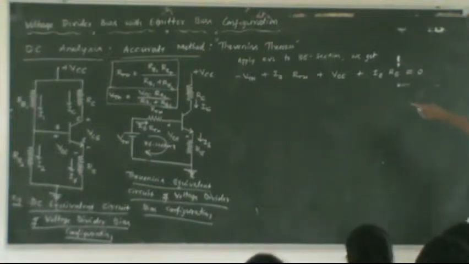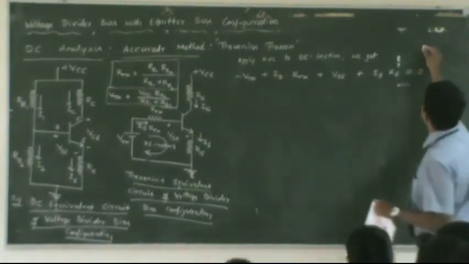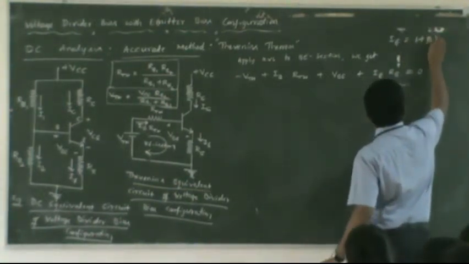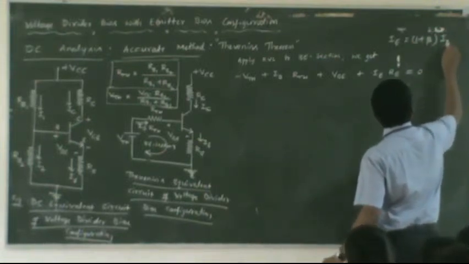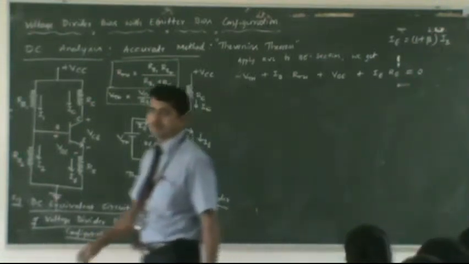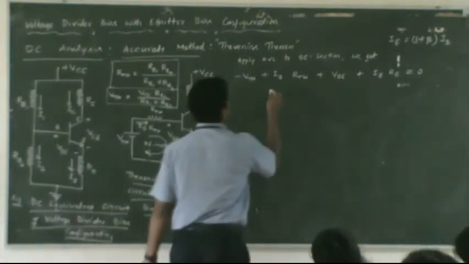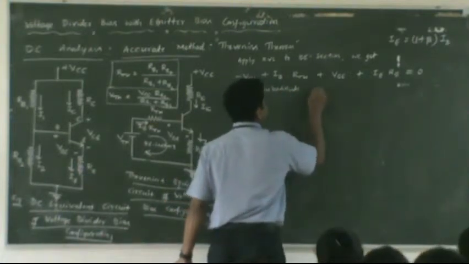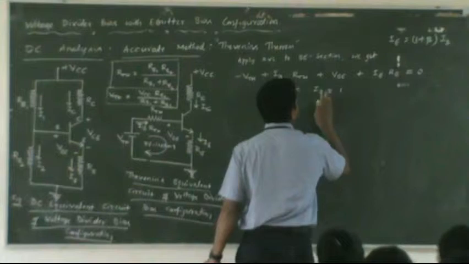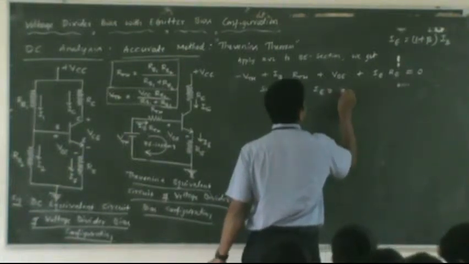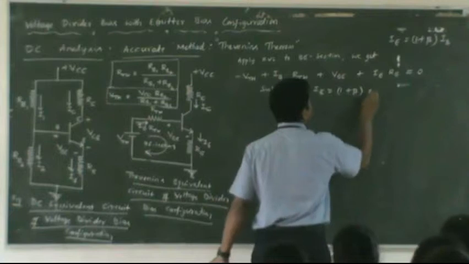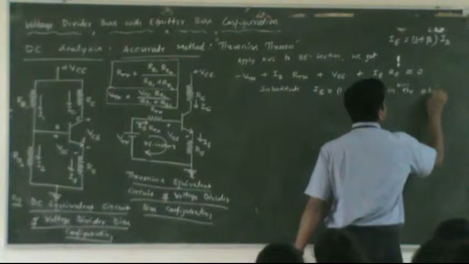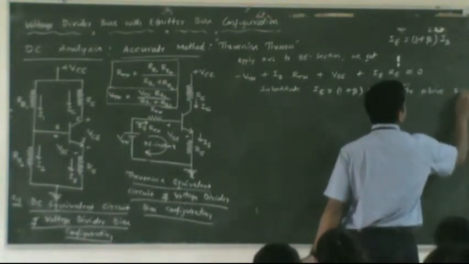Substitution here is for IE. You know the IE expression, you already derived it: 1 plus beta times IB. I will substitute that here, IE as 1 plus beta times IB, in the above equation.